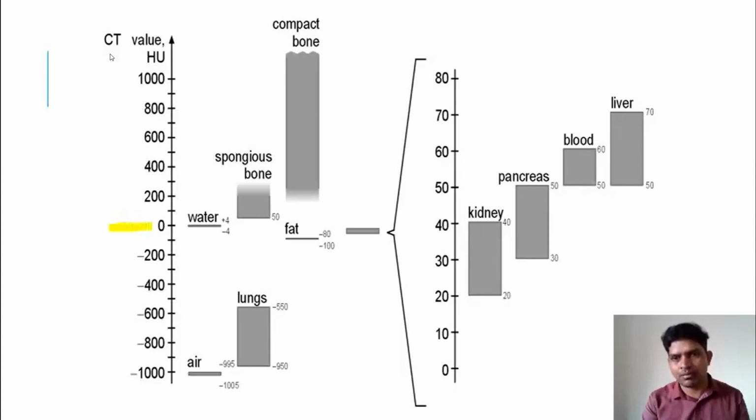Zero will be water. Zero to 30 is usually fluid, water, and such things. Above that, slowly it changes; it might be kidney or pancreas. Kidney is around 20 to 40, and pancreas HU value will be 30 to 50. Blood will be 50 to 60.